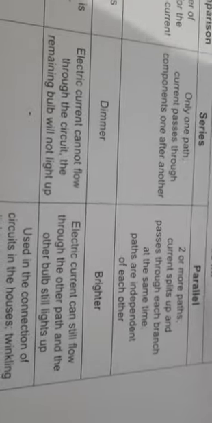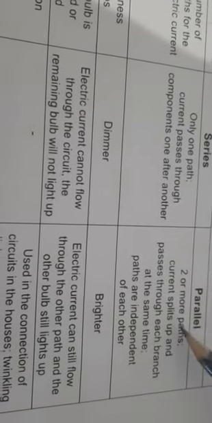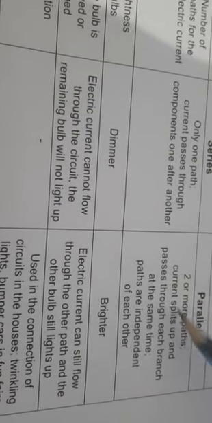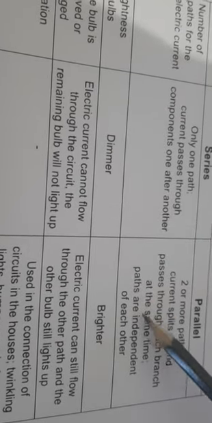In parallel, there are two or more paths; the current splits up and passes through each branch at the same time. The paths are independent of one another. That's why if we look at this picture, we can see if that little bulb breaks or the wire breaks in that current, it won't let the whole parallel connection go dead.